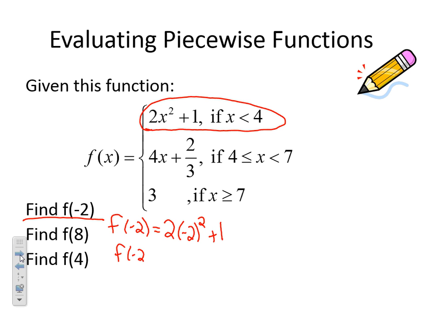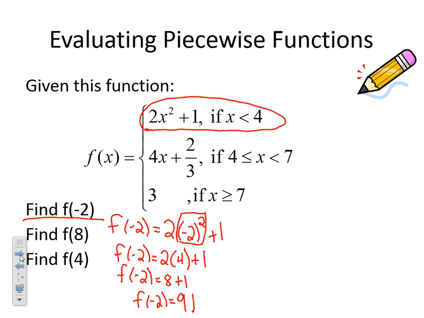Order of operations, we do exponents first. So it's 2 times 4, because -2 squared is 4, plus 1. f of -2 equals 8 plus 1. So f of -2 equals 9. And 9 is our answer when our x value is -2.